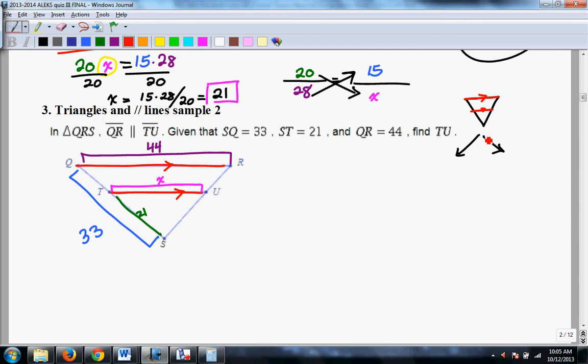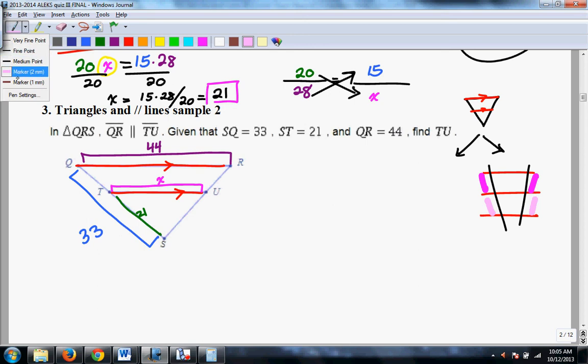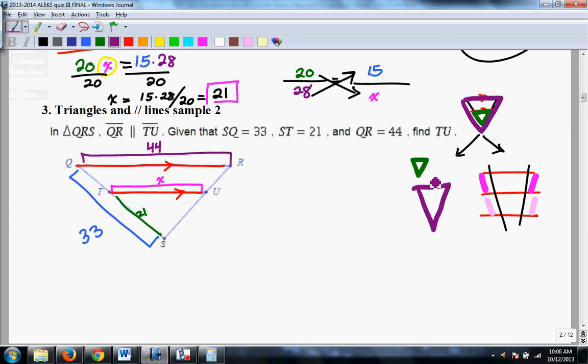Either you can view it as parallel lines with segments going this way, just the segments on the side, or you can view it as two distinct triangles that are similar.